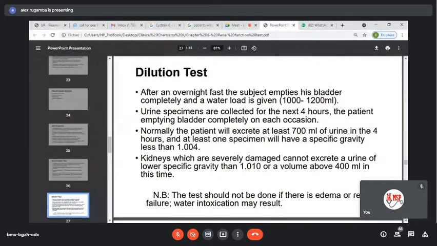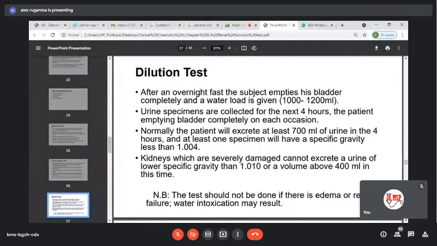After the overnight, the bladder will be completely empty, and water will be given, from 1 liter to 1 liter 0.2 ml. Then the specimen will be collected over the next 4 hours. The patient empties the bladder completely on each occasion.